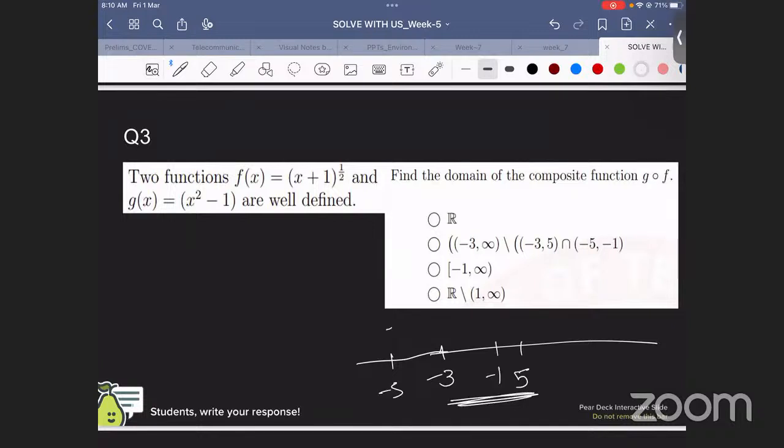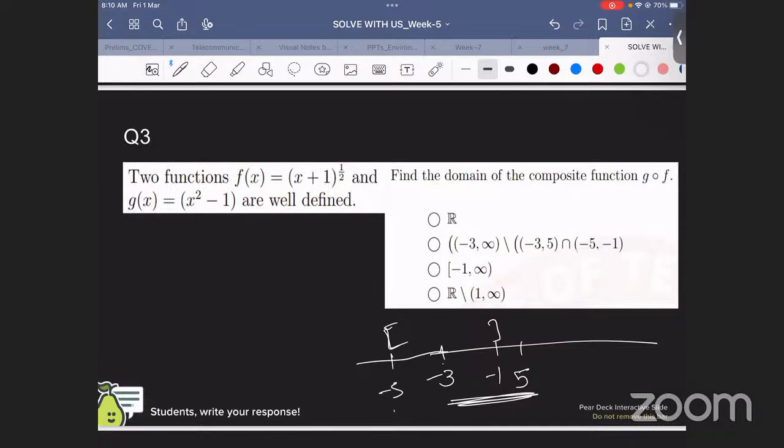In all these cases, -5 is not excluded; in the second case also -3 was not included, 5 was not included, -5 was not included, -1 was also not included. Now if you do the intersection of both these cases, you are left with -3 to -1.